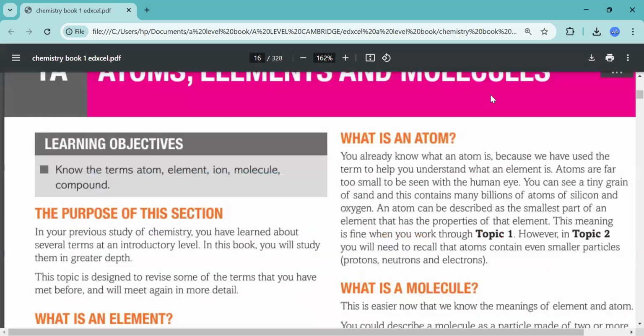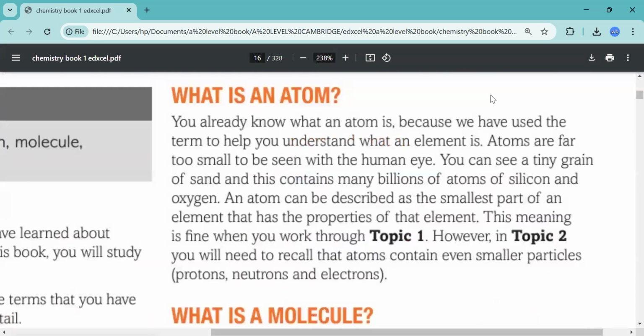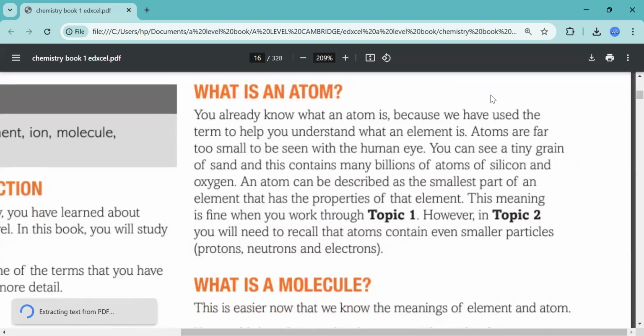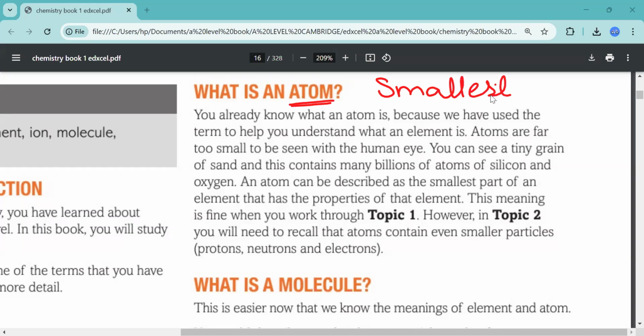Moving on to the next part, what is an atom? It's a Greek word that means indivisible, meaning you can't break it. We describe the atom as the smallest part of an element, and it retains the properties of that element.